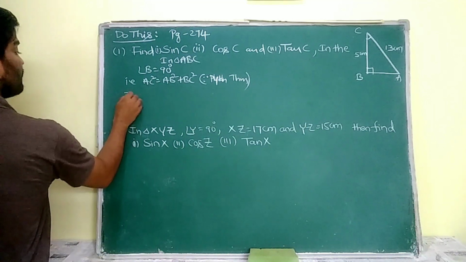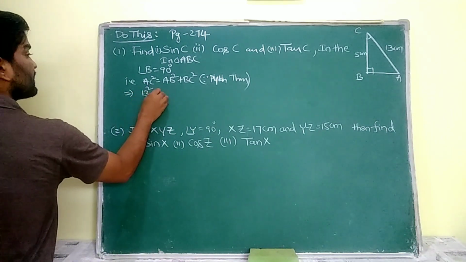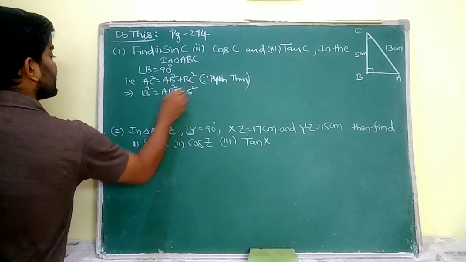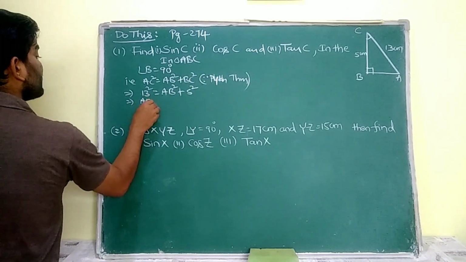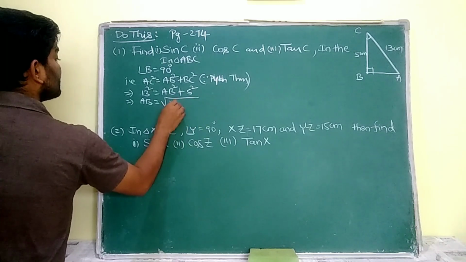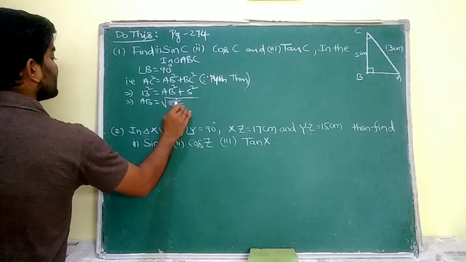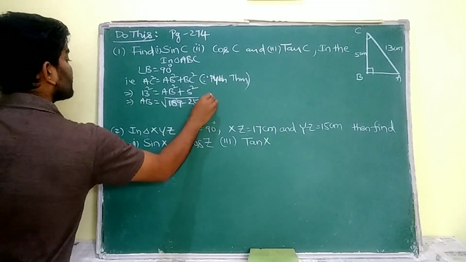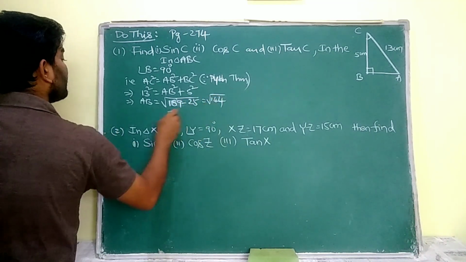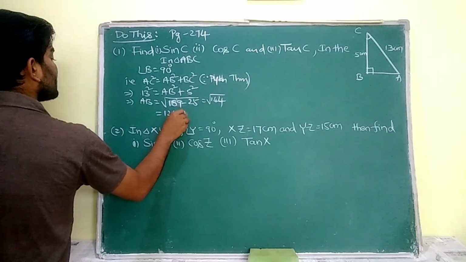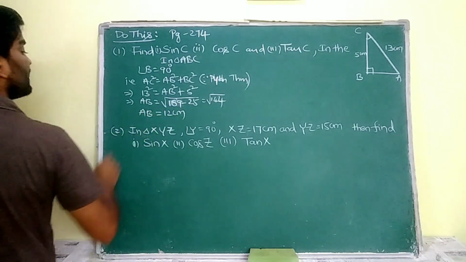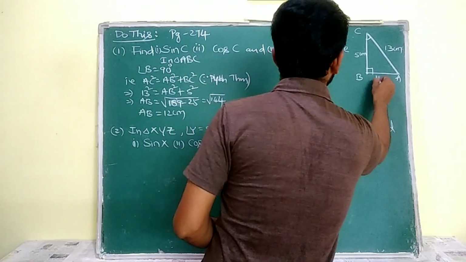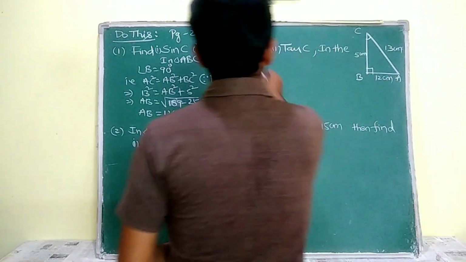Now, AC square is 13 square, AB square we don't know, and BC square is 5 square. That implies AB is equal to root over 13 square minus 5 square, that is, 169 minus 25. That is root 144, which is 12 centimeters. We obtained AB as 12 centimeters. That means all three sides of the triangle are known to us.